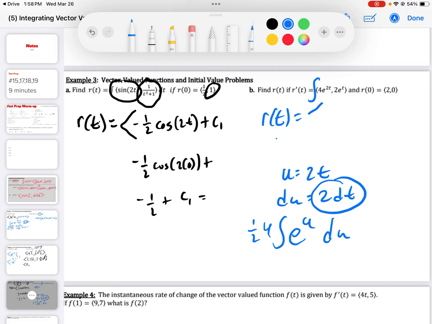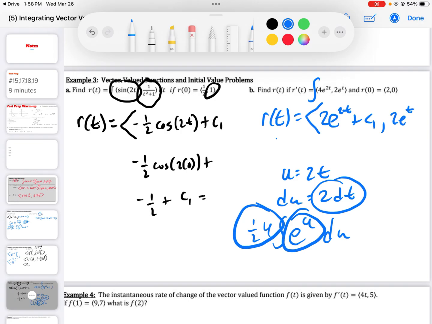That would be 2. So this would be 2e to the 2t plus c1. Antiderivative is just e to the u, so e to the 2t, and then 2. Okay, antiderivative of 2e to the t is just 2e to the t plus c2.